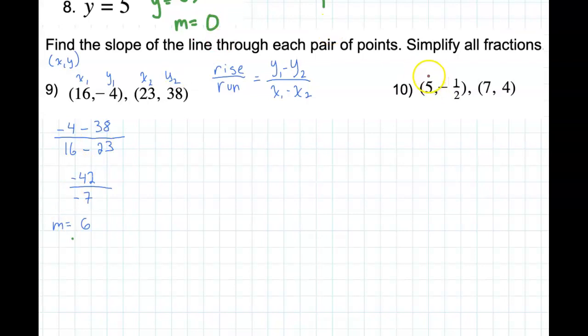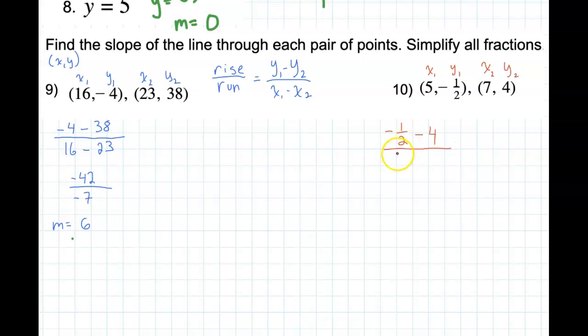Same thing here. Let's label x1, y1, x2, y2. Okay. To get that rise over run, let's say -1/2. This is a fraction. Eek. How can we deal with that? -4. Okay.